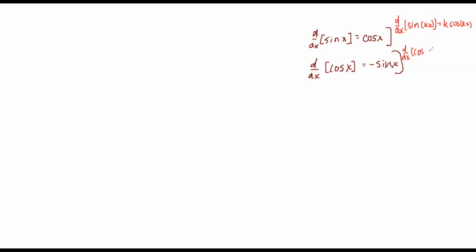Here we have the cosine of a constant times x, and that is going to equal the constant on the outside, minus still, we've got the sine, we've got the constant on the inside still. So those are the rules that we're going to be using. In the dark red, the more general rule, and in the red, what if we have a constant in the middle here. Again, that can be explained next week using the chain rule.